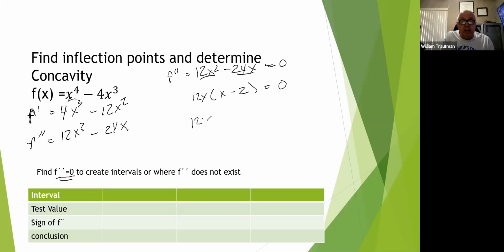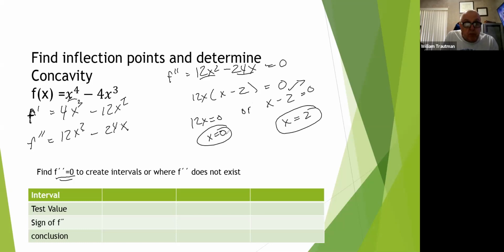So 12x equals 0, or x minus 2 equals 0. When I divide both sides by 12, I get x equals 0. When I bring the 2 over to the other side, I get x equals 2. So I have 2 inflection points.